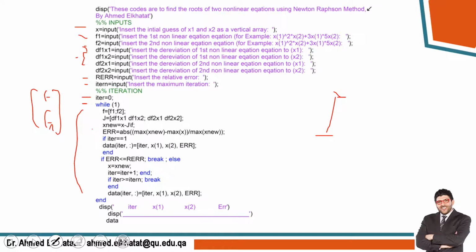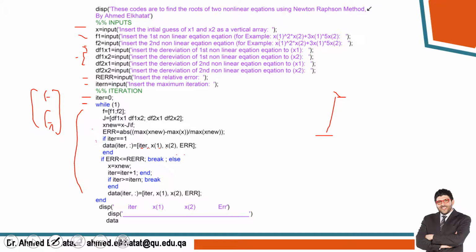So if iteration equals condition one, then the data: from the first iteration we put all the data, iteration, comma, for all columns, iteration, x1, x2, and the error.